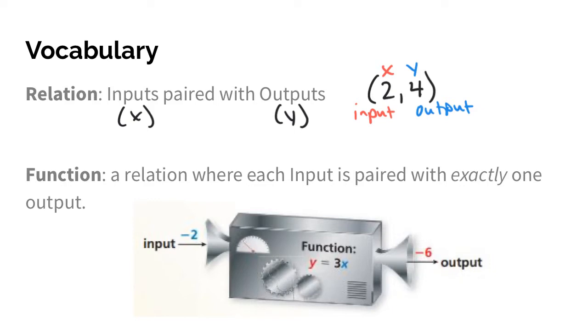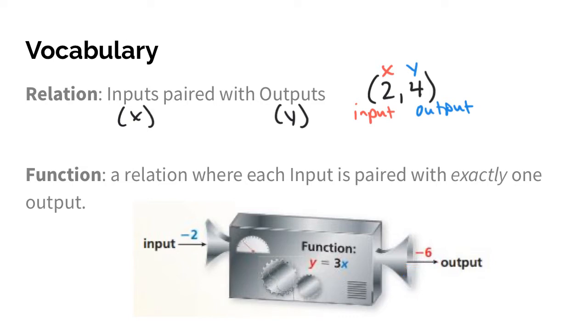So a relation is going to be a function if every input is paired with exactly one output. Okay? So take, for example, the number -2. Think of that as my input. When I take that input and plug it into, say, some function, what I should get is a single output out of this.